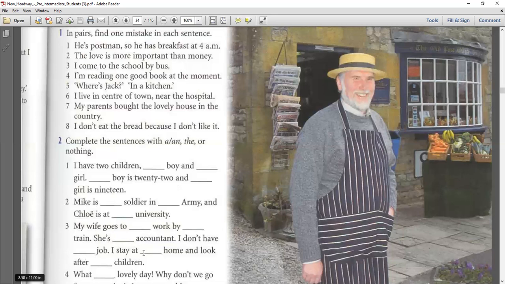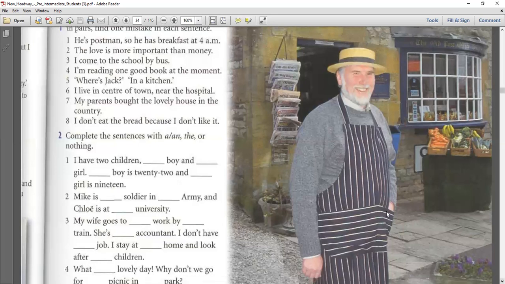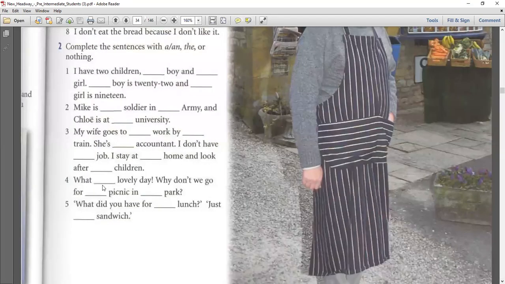I stay at home, nothing, and look after the children. What a lovely day. Why don't we go for a picnic in the park? What did you have for lunch? Nothing, just a sandwich.